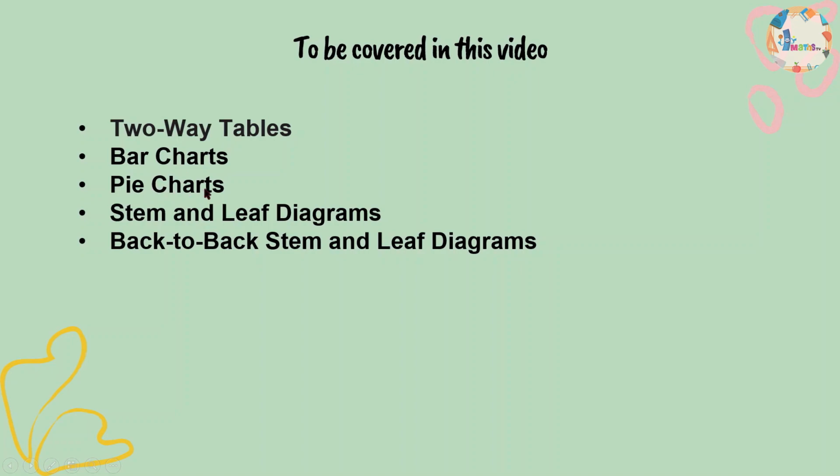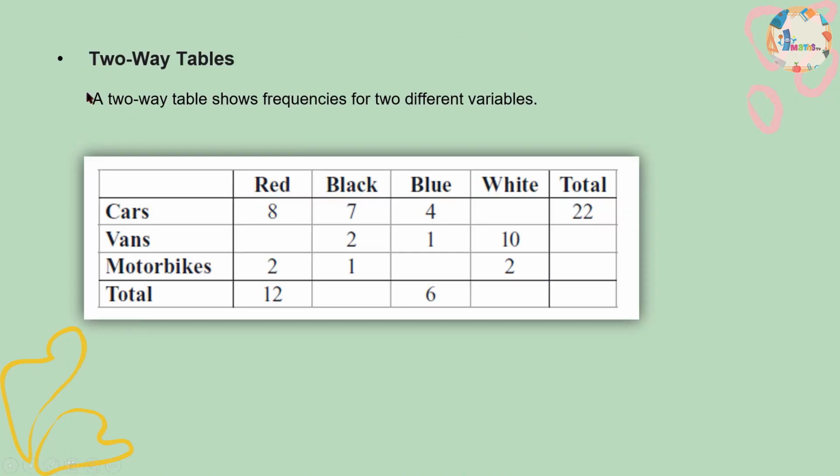We will be going through pie charts as well, stem and leaf diagrams also, and back-to-back stem and leaf diagrams. These are very important, and so many things are coming from these sections in IGCSE and Cambridge and Edexcel, all exams. So you will have to go through this video in detail.